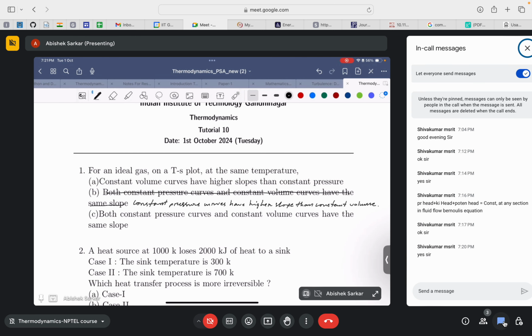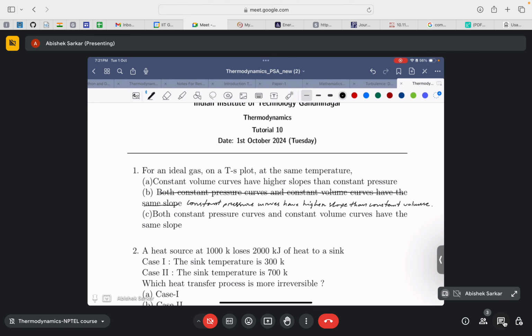So yes, which is correct? Can you tell? This was discussed by Professor Anand. He derived it in the lectures. So can you tell the answer?